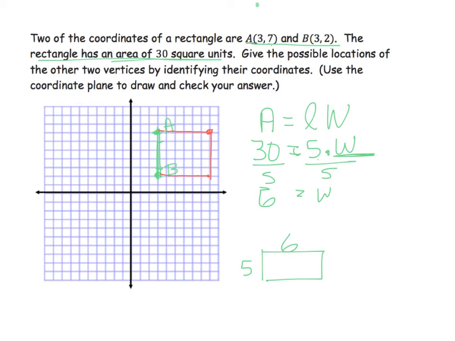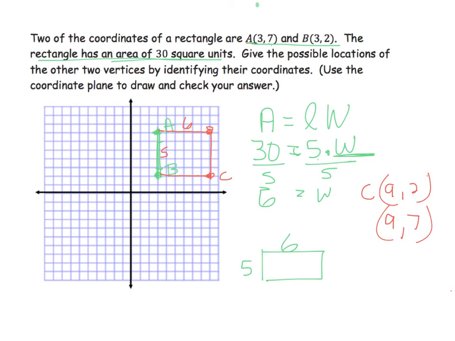And so then we just name these points. So one possibility is this point right here, we'll call it C, is 9, 2. And the other is 9, 7. There is our rectangle with 5 and 6 for the dimensions.